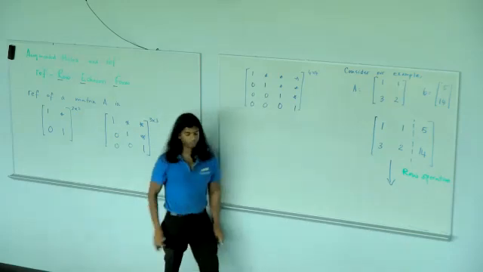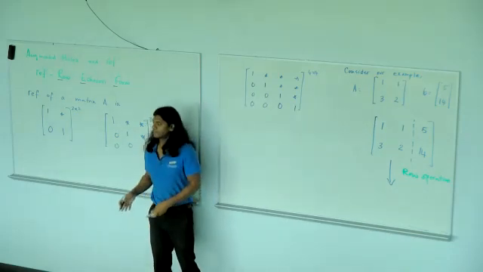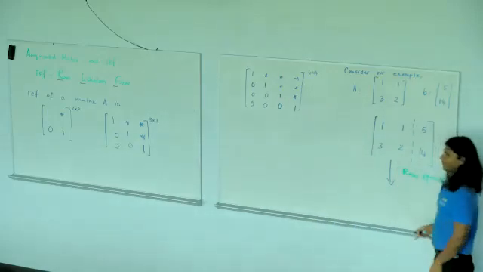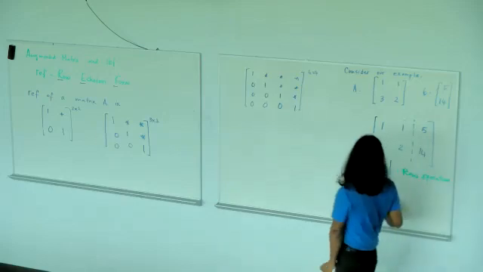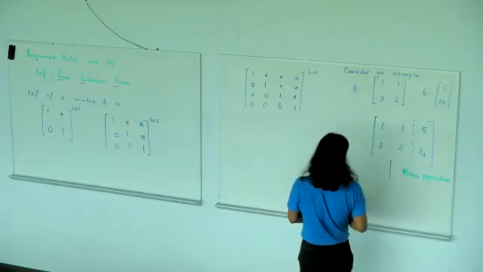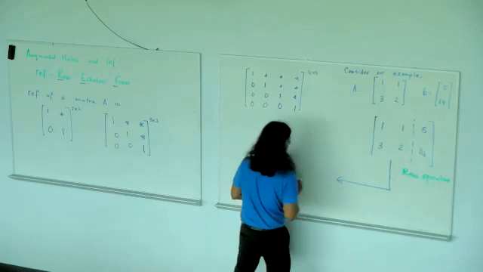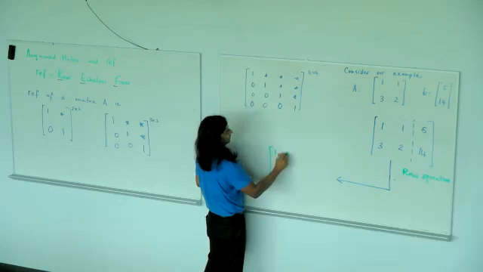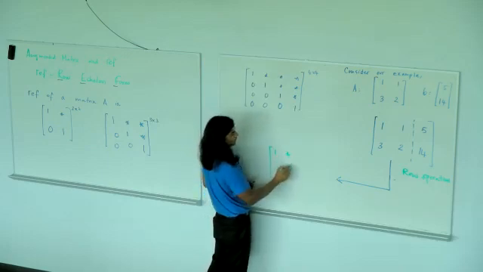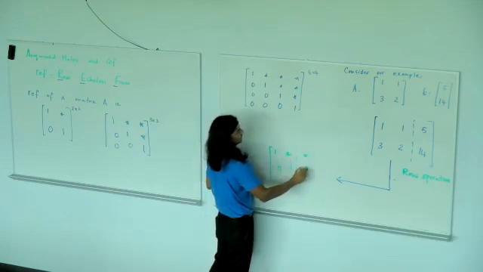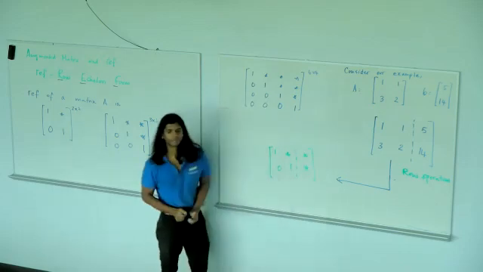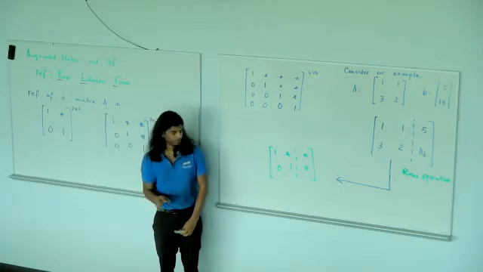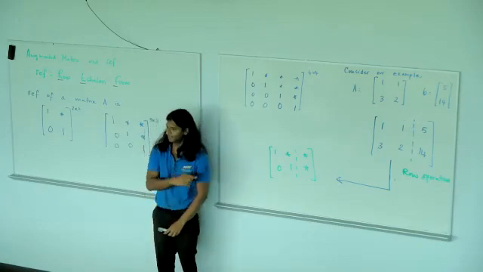You have to do the row operations in such a way that this matrix turns into something like this: some number, 0, 1, some number, some number. So we take that matrix, and we're going to do a bunch of operations to get it in that form.